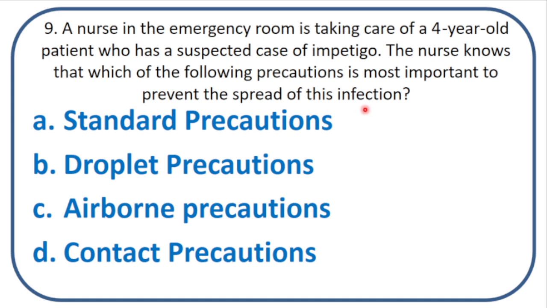You need to know that impetigo is a skin infection, and its transmission cycle. Then you can easily answer this question. Options are standard precautions, droplet precautions, airborne precautions, contact precautions.